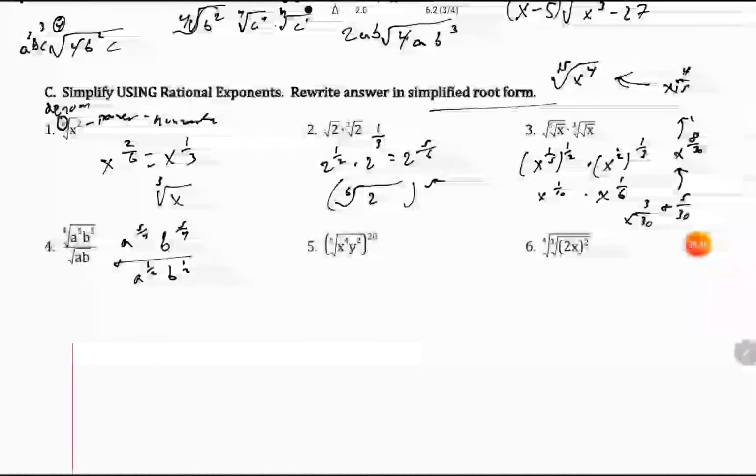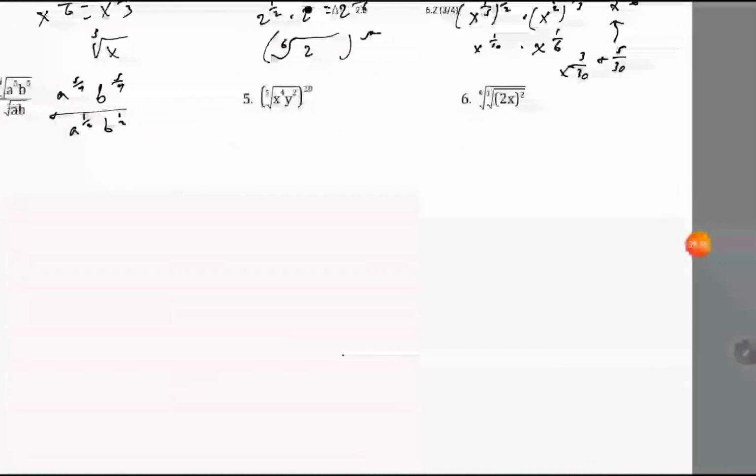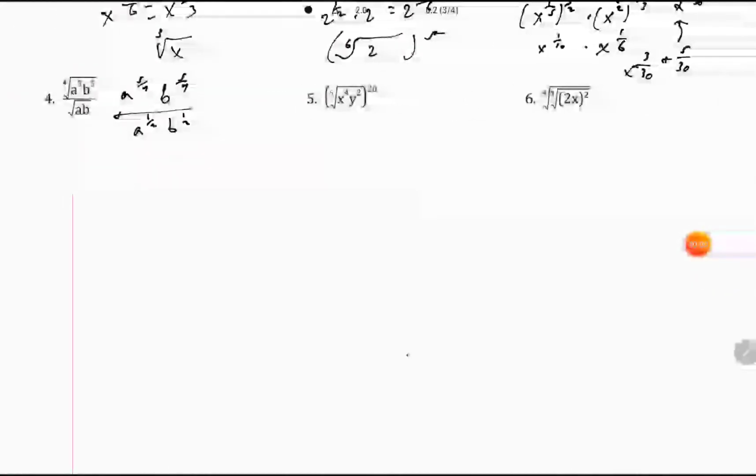So this becomes a to the 5/4 minus 1/2. Same thing with the b's. So this 1/2 will become 3/4. So a to the 3/4, b to the 3/4. So this is the 4th root of ab to the 3rd. Yep.